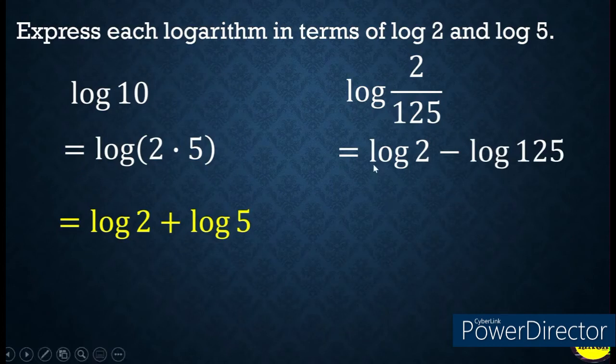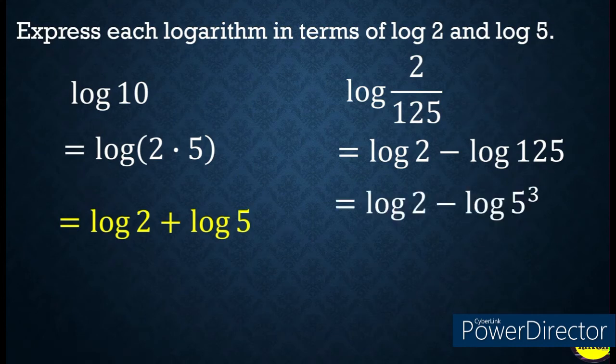So, dito sa unang expression, nandyan na, makikita natin yung log 2. Pero dito sa pangalawang expression, paano natin makikita yung log 5? So, therefore, yung 125 express natin as log 5 cubed, because that is 5 times 5, 25, times 5, that is, wait.